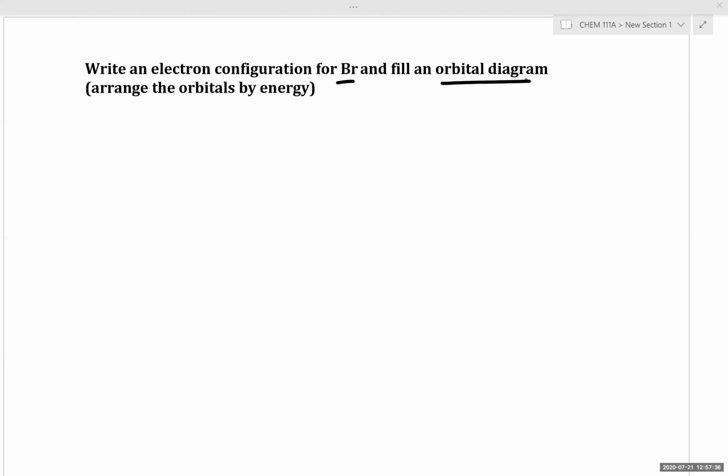So let's discuss this example. So for bromine, looking at bromine in the periodic table, bromine has an atomic number of 35. So we have 35 electrons to work with.